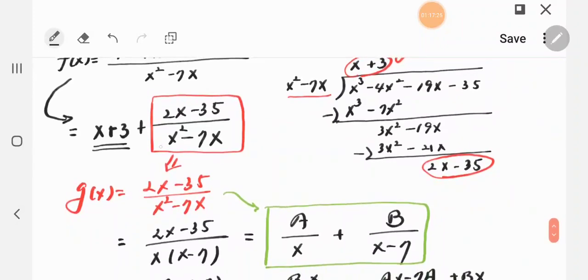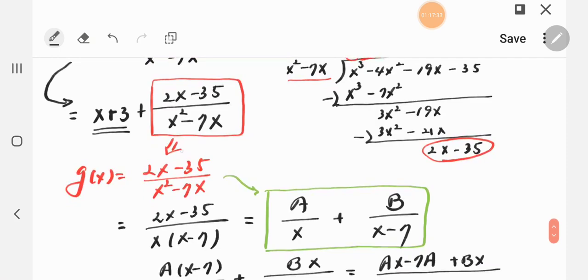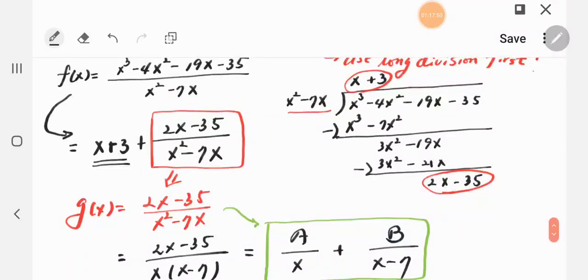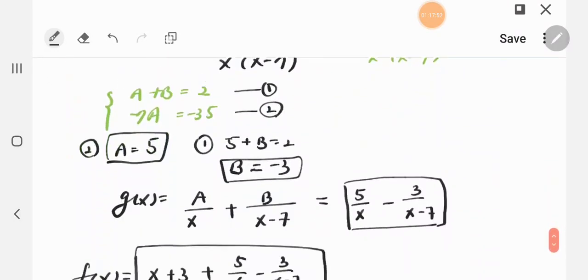From this fraction, we can do a partial fraction decomposition. So let's say this is g of x. And from this g of x, do the partial fraction decomposition. So we have two fractions, a over x plus b over x minus 7. Once we find a and b, just plug them in here, and this goes to g of x. So finally, we will have f of x. Okay, f of x is this one.